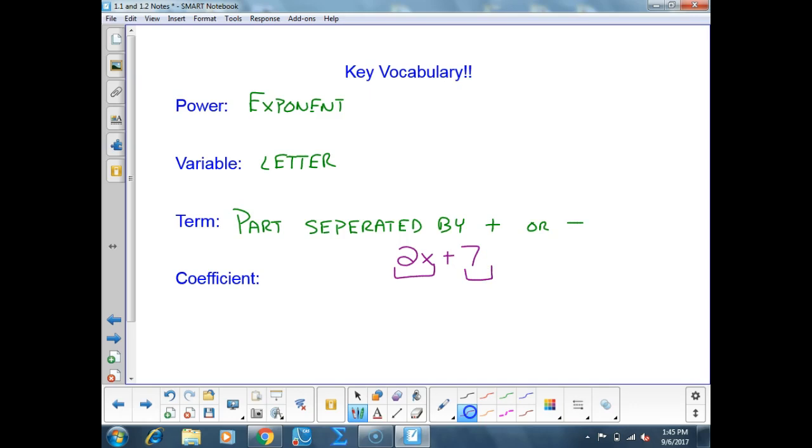There are 2 terms in that expression. Okay? If I said 2x plus 7 equals 13, then it would have 3 terms. 2x would be a term, 7 would be a term, and 13 would be a term. A coefficient is the number in front of a variable.